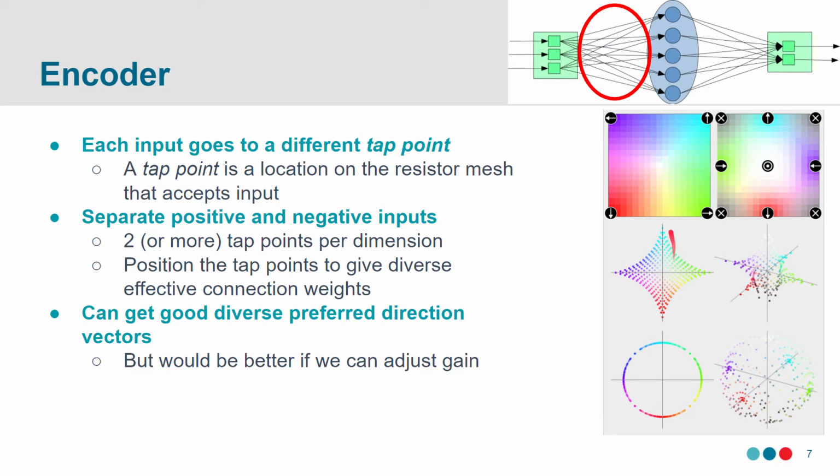So this neuron that I was referring to, that is mostly sensitive to a negative on the first dimension and isn't particularly sensitive to the second dimension, would be a point right about here. The x-axis is my effective connection weight strength on the first dimension, and the y-axis is the effective connection weight strength on the second dimension. If I have a point that's much closer to that tap point, I'm going to get more current, so that's going to be a point out here.